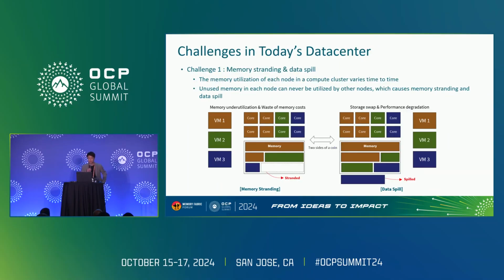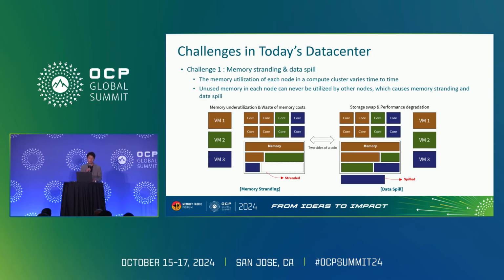All right, so from now on, I'm going to talk about some challenges in the data center. The first challenge is that the memory utilization of a compute cluster varies from time to time based on the working set size. But as illustrated on the left side, the inflexible nature of cloud hardware platforms leads to underutilized memory resources, resulting in memory stranding.